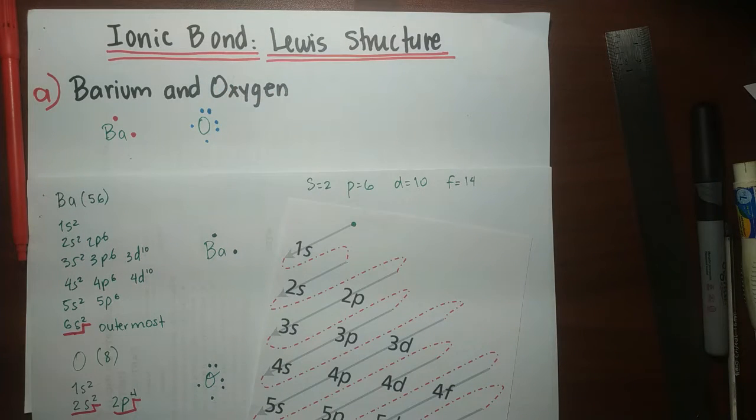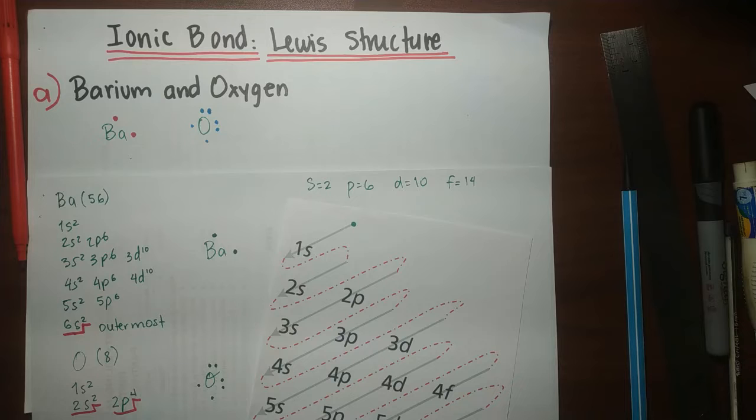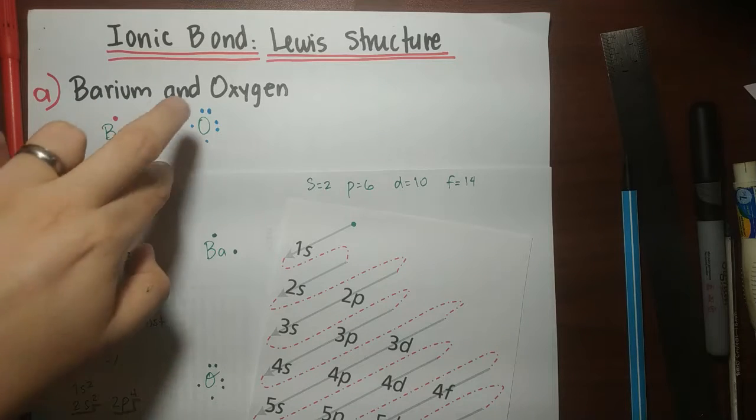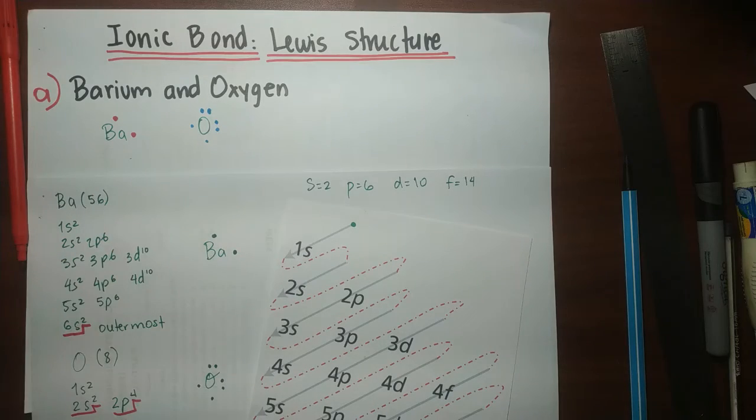As you know, in ionic bonds we don't have sharing, we have given electrons. That means that the metal, in this case barium, the one that has fewer electrons in the outermost level, is going to transfer those 2 electrons to the non-metal, which is oxygen.